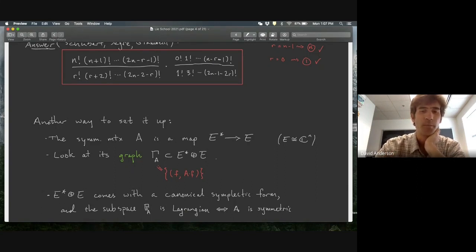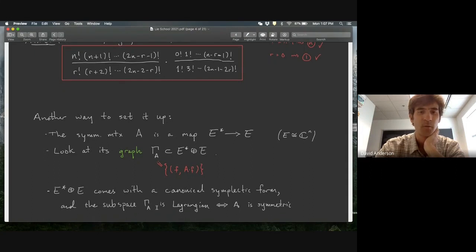And the fact is that the graph of a symmetric matrix is Lagrangian, and that's a complete characterization of symmetric matrices. So if you do this construction, form the graph, you get a Lagrangian subspace if and only if your original matrix was symmetric.